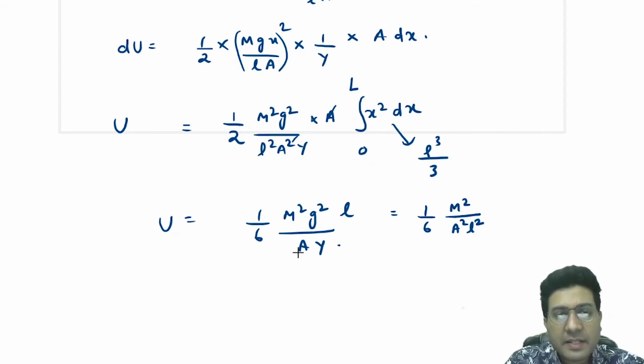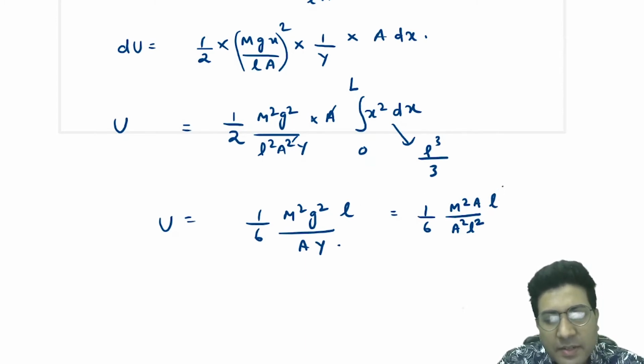I'm just multiplying and dividing by A. So here I'm multiplying by A in the denominator, and in the numerator also I'm multiplying by A. Similarly, I'm multiplying by L squared in the denominator, and I will multiply by L square in the numerator. There is also one more L here, so it will become L cube divided by Y.